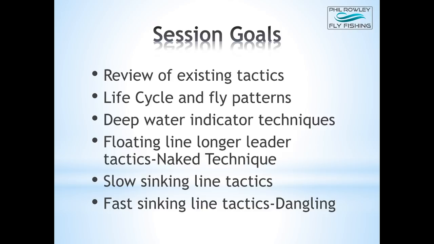Talk about probably my favorite way to fly fish lakes, with a floating line and a long leader that we affectionately call the naked technique because it has no indicator on the leader. And then some slow sinking line tactics where we're using hover lines, clear intermediates, those kind of things. And then fishing vertically using fast sinking density compensated lines, a technique we call dangling.